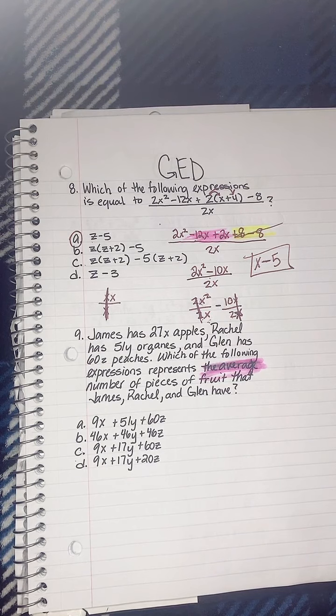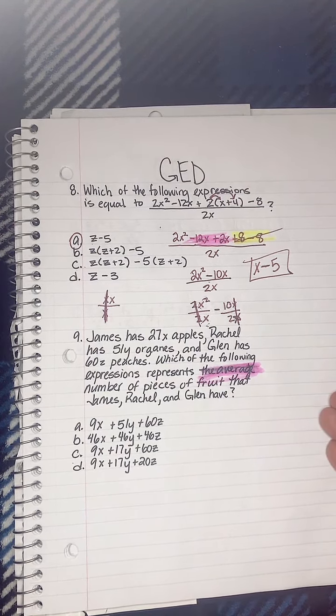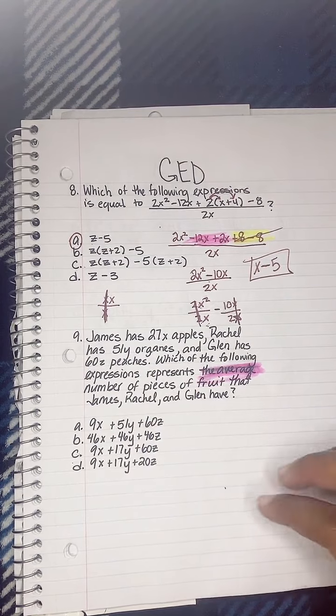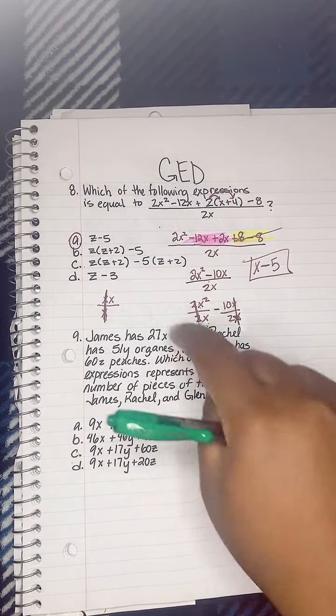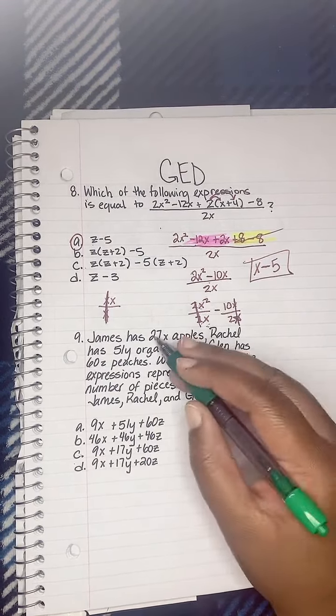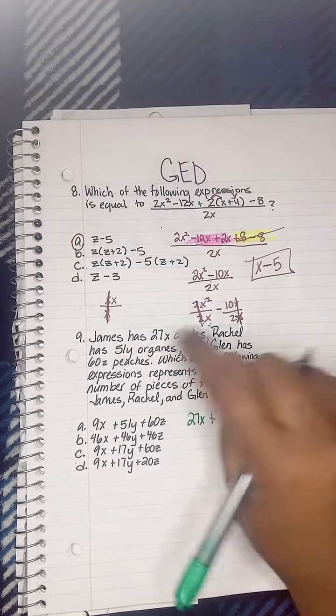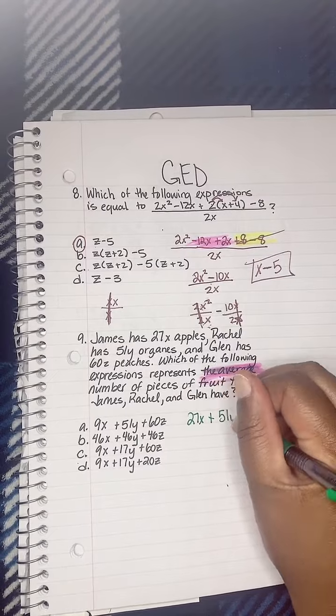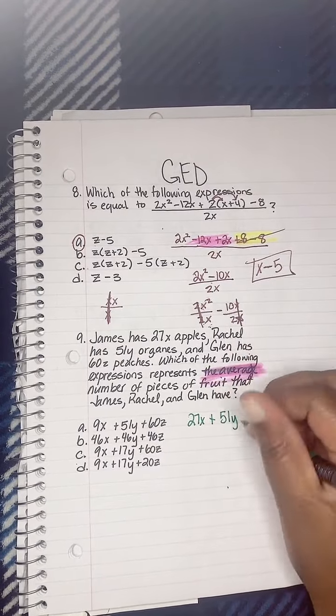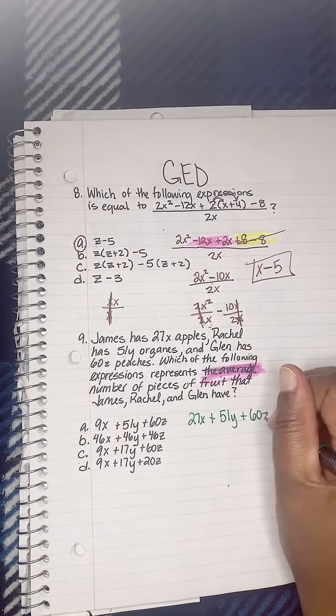Okay, now let's talk about average. When we're trying to find the average of something, we add all the things and then we divide by how many things we added. So here we have to add James' fruit, which is 27X, plus Rachel's oranges, which is 51Y, and Glenn's peaches, which is 60Z.